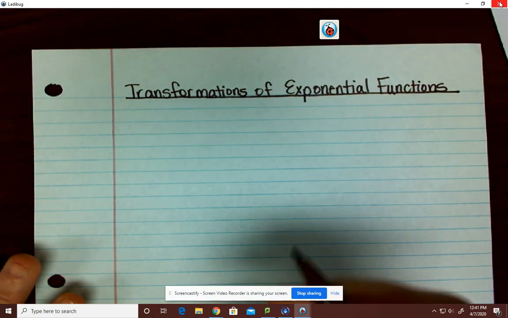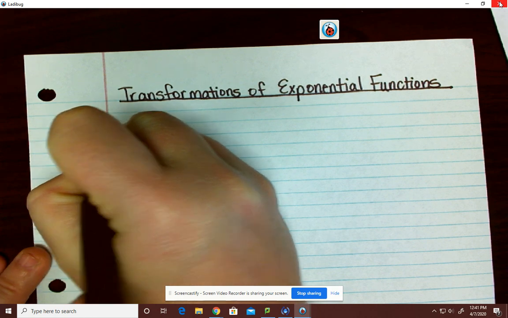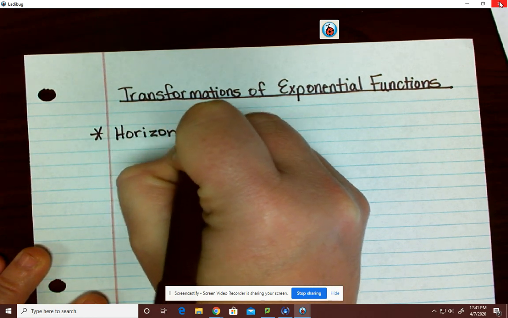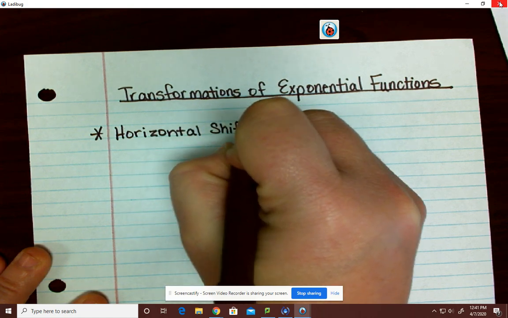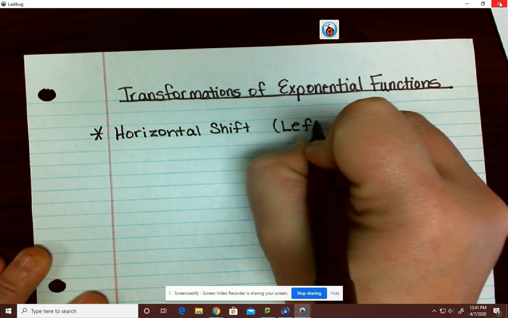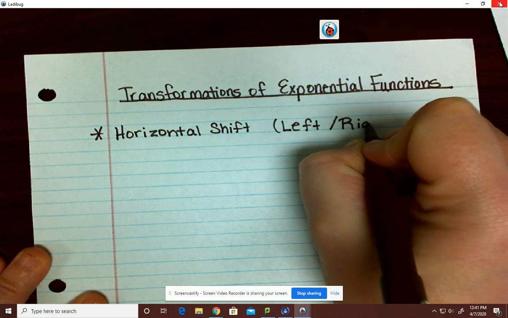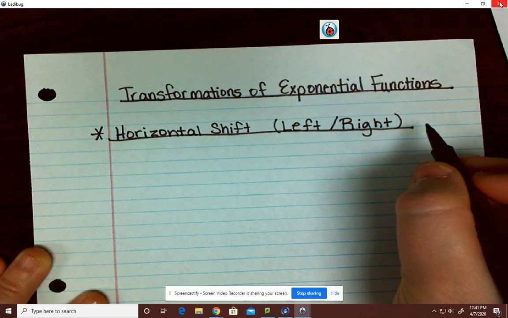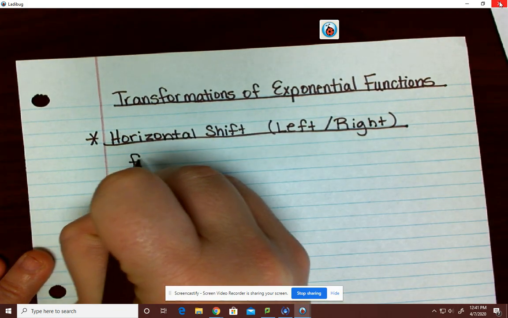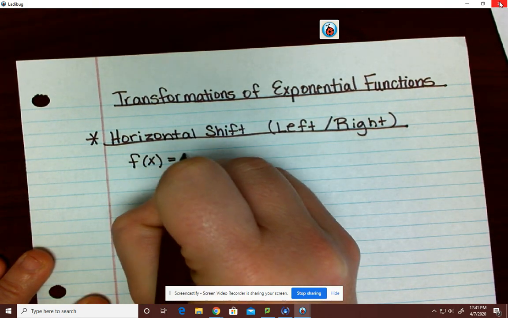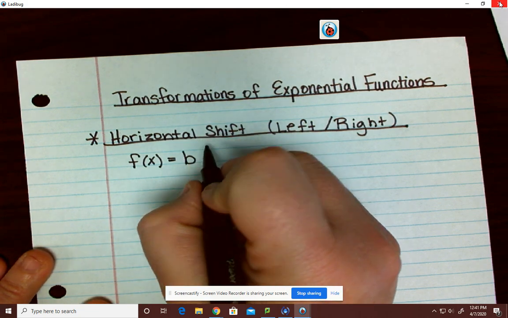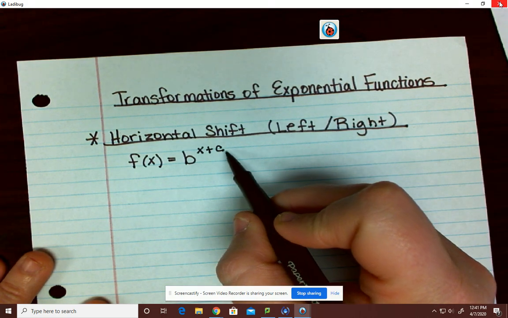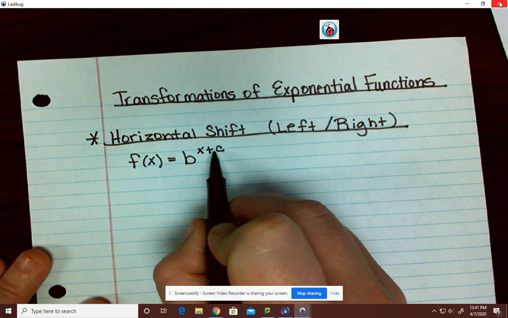So first we're going to look at a horizontal shift, which is moving left and right. So taking that curve and moving it left and right. Alright, so if we have a number, we're going to use the letter C here, that is being added to x.